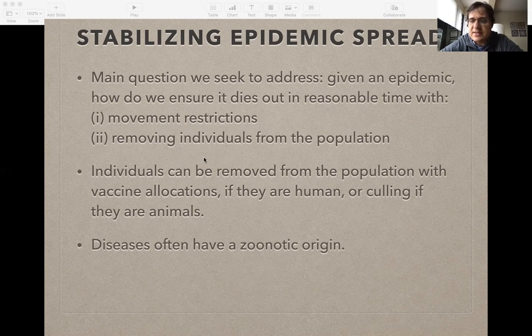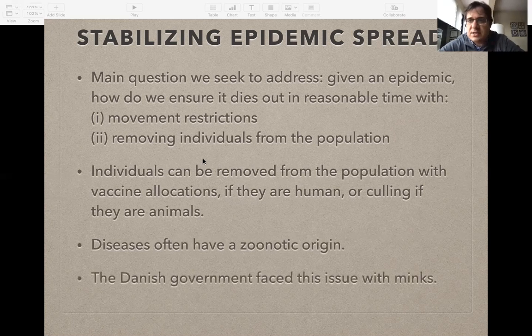It's well known that many diseases among humans have a zoonotic origin, the most prominent example, of course, being COVID-19. And the question is, what happens when we discover an epidemic among animals that we think might have a chance of making a leap to humans? We want to predict that this will not happen. And the key element of this prediction is making sure that the epidemic dies out in a quick enough time frame.